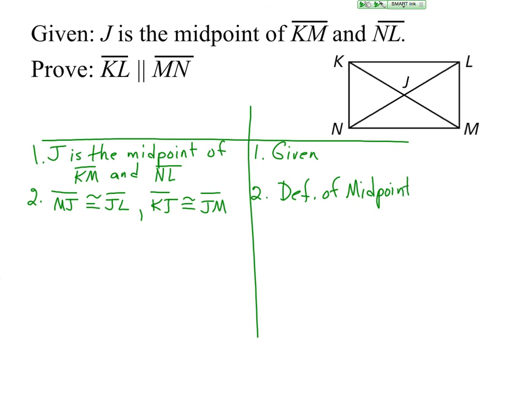I'm going to update my picture. MJ congruent to J. Oh, that wasn't stated right. MJ is not congruent to LJ. Is it? MJ would be congruent to KJ.